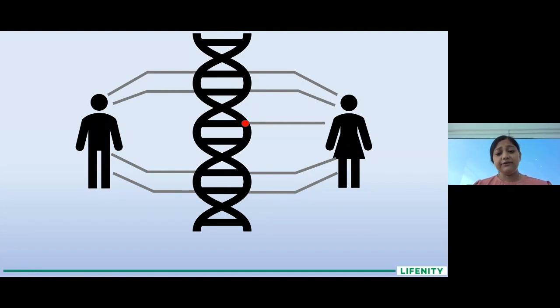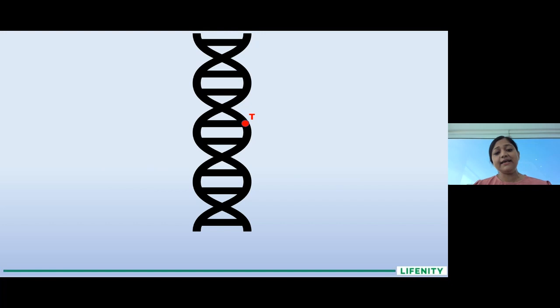Here I'm just giving an example of how to understand what a variant is. In a DNA sequence, you can see there is a T marked in red.